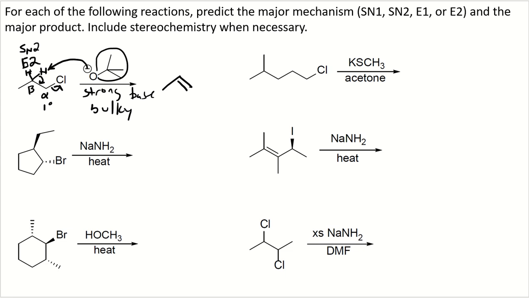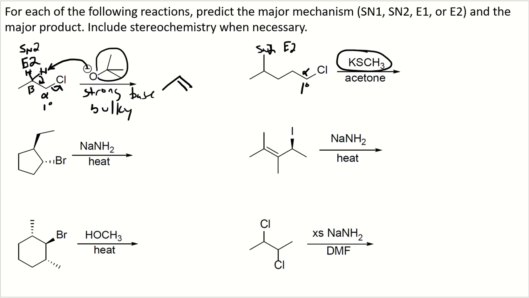On the right, we have a primary alkyl halide again, alpha position here. We can do either E2 or SN2. And so looking at our reagent here, that is a strong nucleophile. It is a nucleophile because it is sulfur.